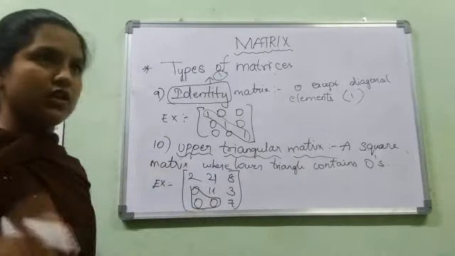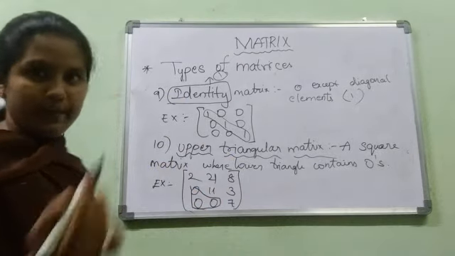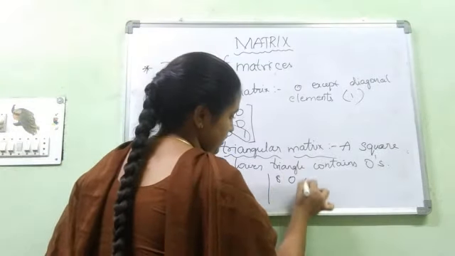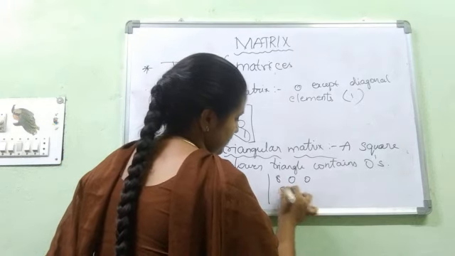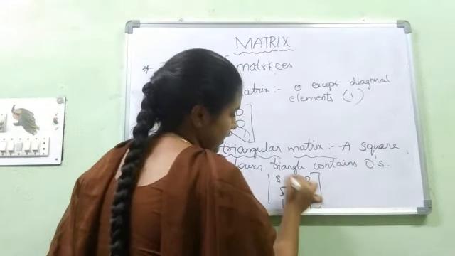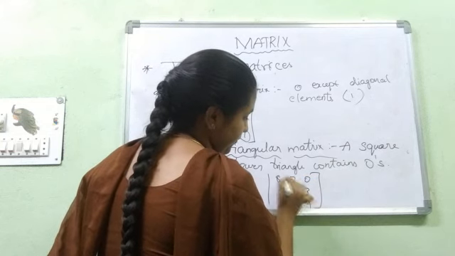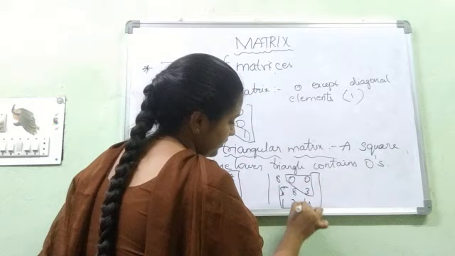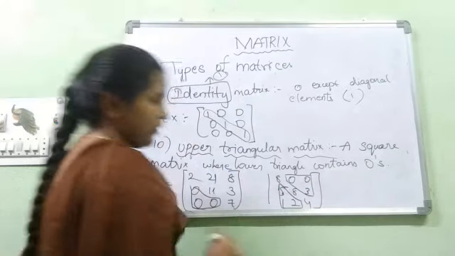First of all, I'll tell you what is lower triangle and upper triangle. Okay. Suppose it contains the elements 8 0 0, 5 8 3, 1 2 4. See here. This is called upper triangle. This is called lower triangle. Okay.